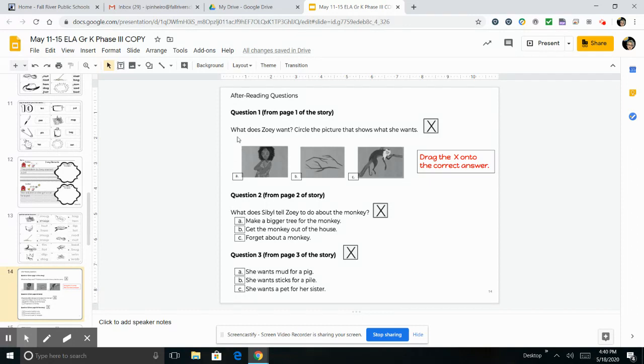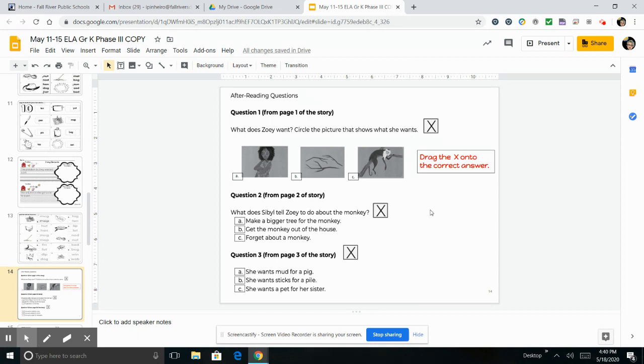So now, here are some questions for the story about Zoe wanting a pet. Question 1 from page 1 of the story. What does Zoe want? Circle the picture that shows what she wants. So if you are working with a paper packet, you can circle the pictures or circle the letters for the answers.